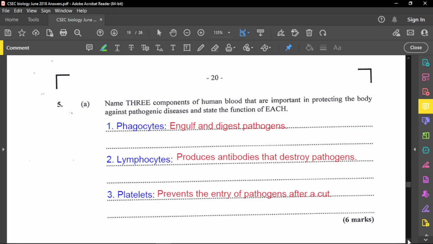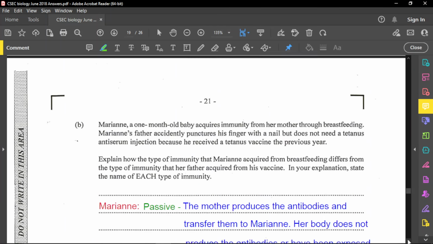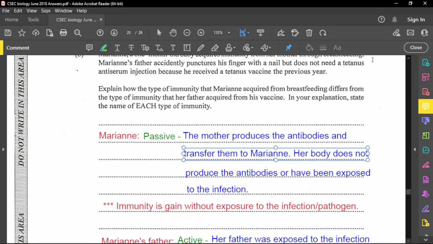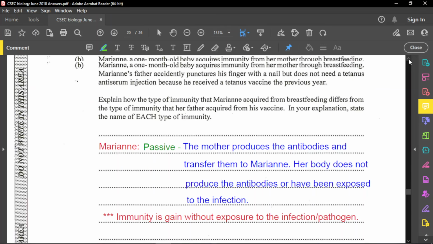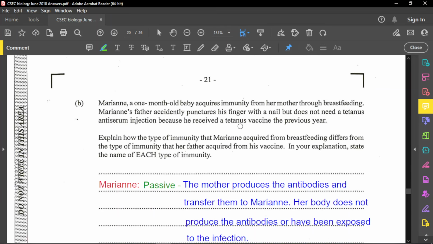All right. Now let's go to part B, and part B is a long question. So let's go through this. In part B, Marian, a 1-month-old baby, acquires immunity from her mother through breastfeeding.